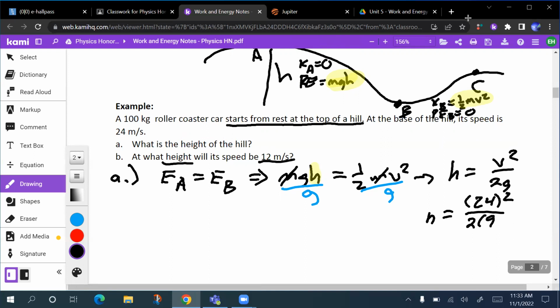For now, I'll use 9.8 for g. So we're going 24 squared divided by 19.6. And so the original height of the hill is about 29.4 meters high.